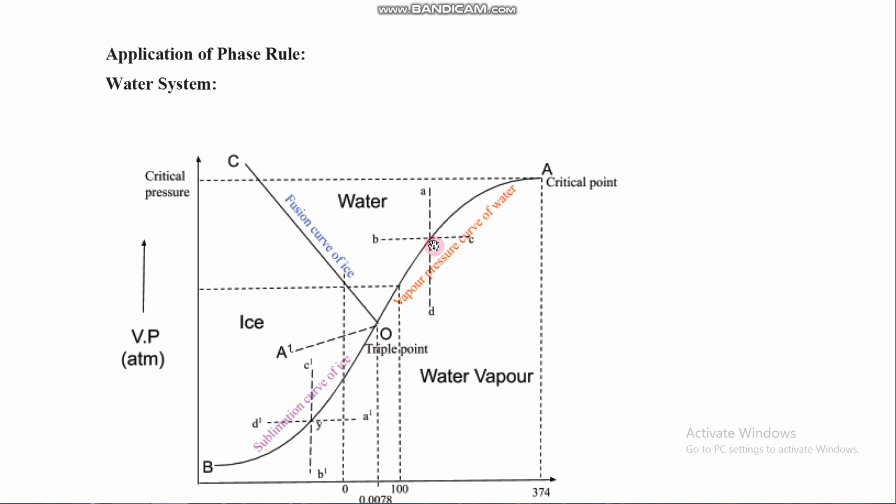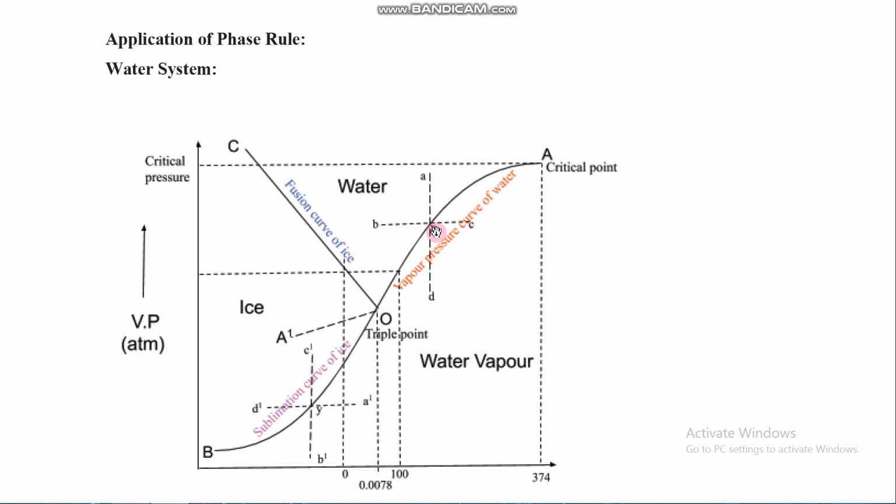Correct? Then at the point X, if pressure is increased and temperature is kept constant, what happens? Then the equilibrium will shift towards the left side.